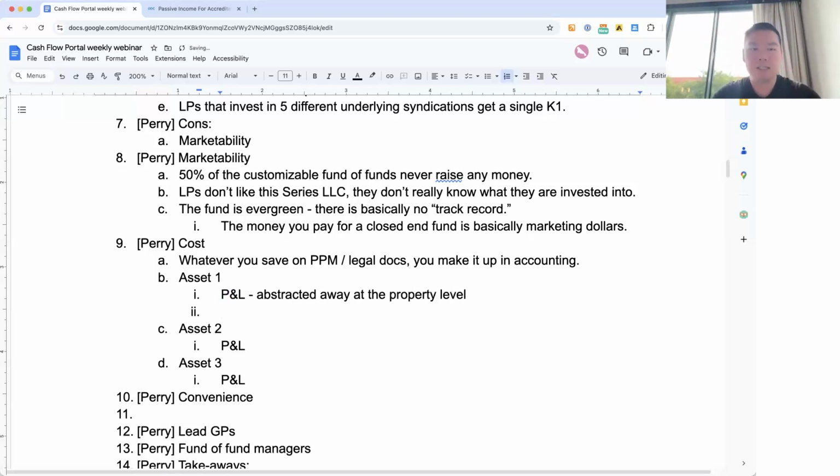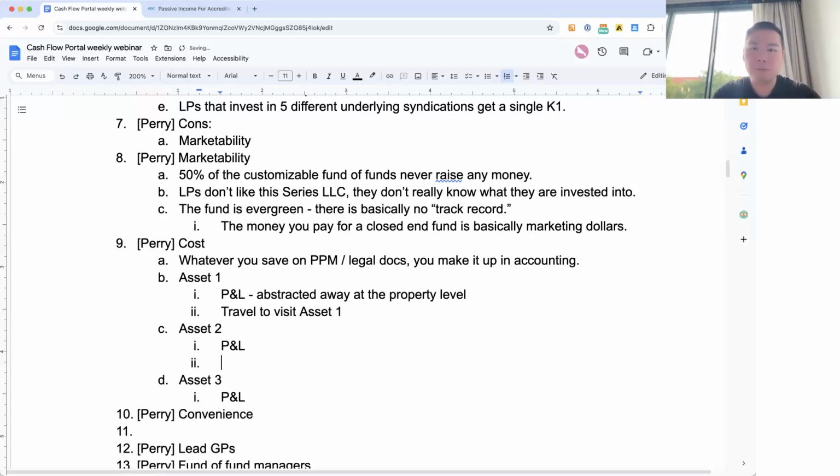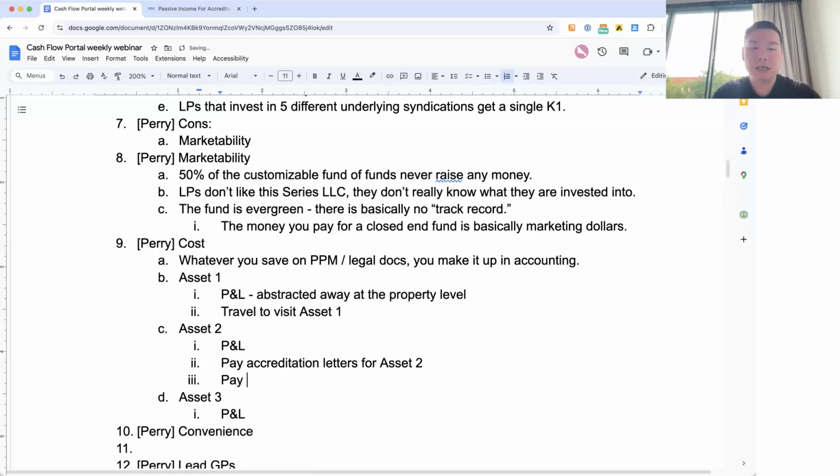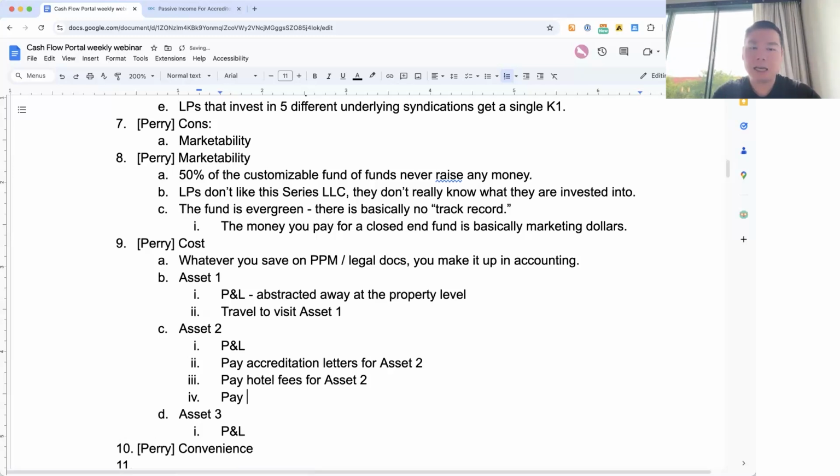Let's say you travel to visit asset one, and then you pay some accreditation letters for asset two, and then you pay some hotel fees for asset two, and then maybe pay a cash portal for asset two.